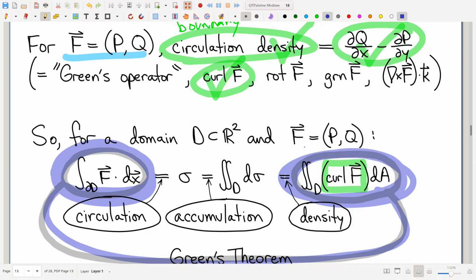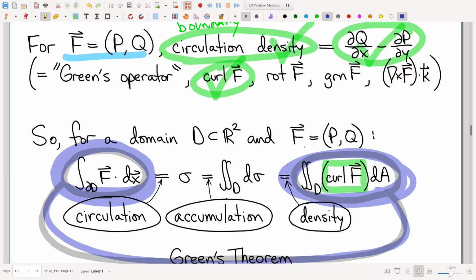You're telling me that if I have a line integral, an intrinsically one-dimensional calculation, I can get the answer by not even thinking about the boundary, but by doing a double integral over the interior. It's like these two calculations happen in different places, but they always give you the same result. It's really surprising.